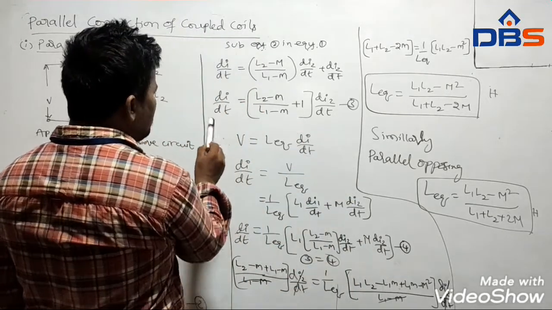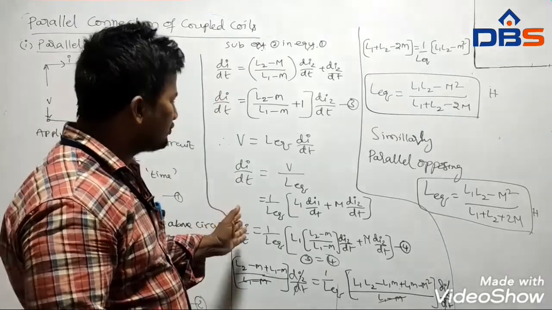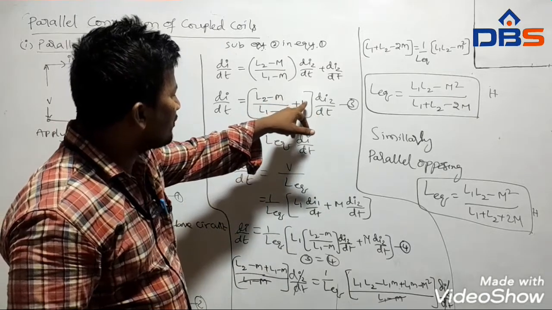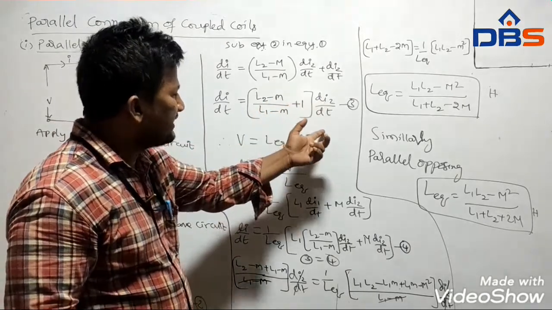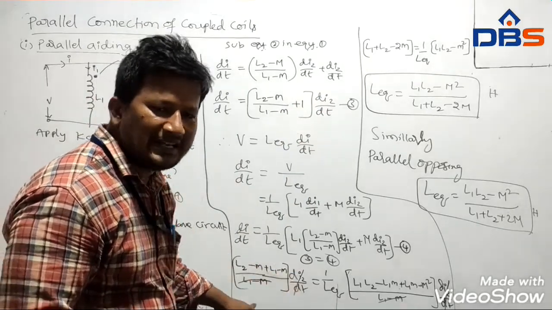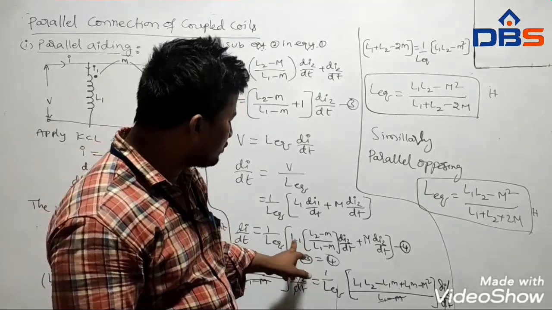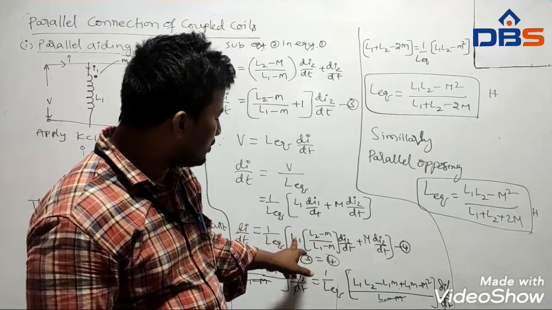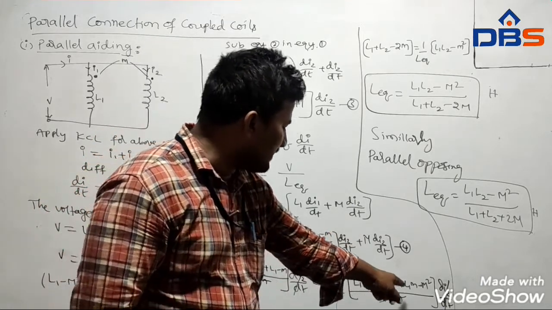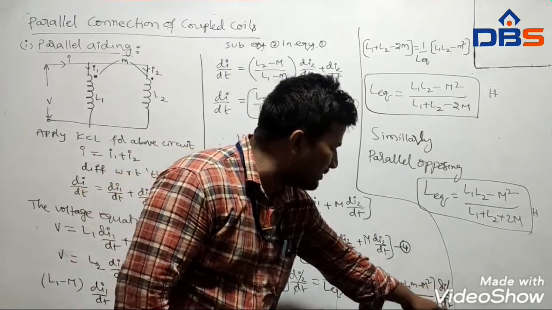Now equations 3 and 4: dI by dt is the same on the left side, so equating the right sides, [(L2 minus M) plus (L1 minus M)] by (L1 minus M) into dI2 by dt is equal to 1 by L equivalent times, multiplying this out, L1 L2 minus L1 M plus L1 M minus M square, by (L1 minus M) into dI2 by dt.